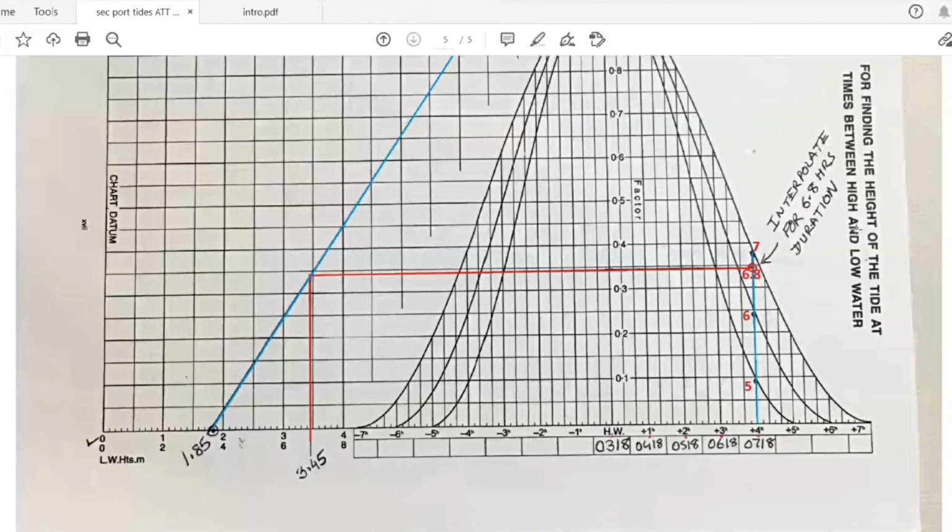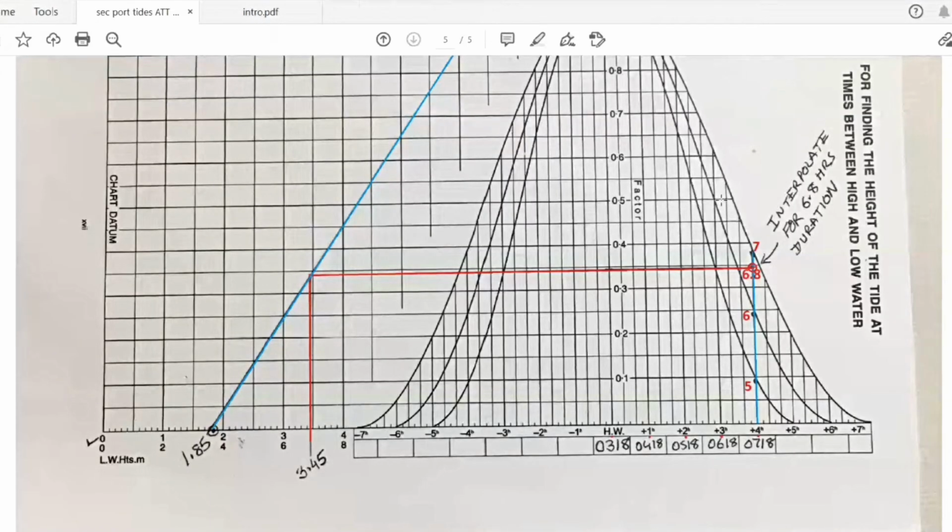Now, what doubt is there in this vertical, horizontal and sloping lines? Sir, I have a doubt: what if the duration goes more than 7 hours? How will we interpret? Remember I told you for the volume 1 range curves, less than the neap, use the neap; more than the spring, use the spring. Here in volume 2 and 3, for less than 5-hour duration, you don't use this method.